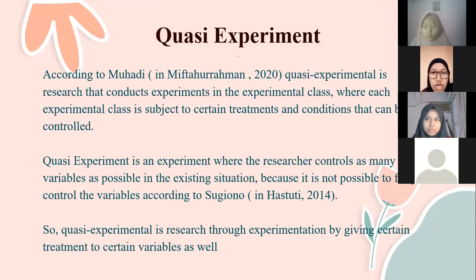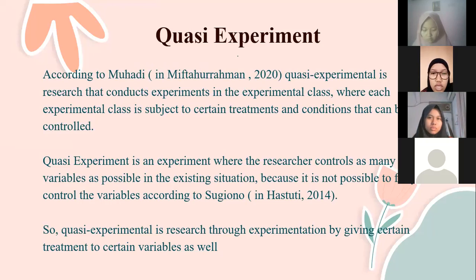The next is about quasi-experiment. According to Mohadi in Miftahur Rahman 2020, quasi-experiment is research that conducts experiment in the experimental class, where each experimental class is subject to certain treatment and condition that can be controlled.